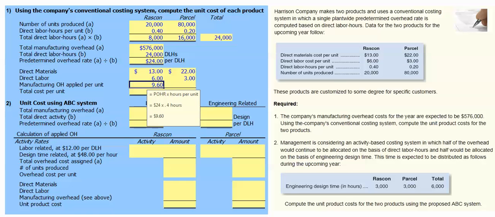The amount of predetermined overhead that we will allocate to the Rascon will be $9.60 per unit. That's our $24 predetermined overhead rate multiplied by the 0.4 direct labor hours. For the Parcel, we will allocate $4.80 in manufacturing overhead, which again is the same $24 per hour predetermined overhead rate, this time only multiplied by 0.2 direct labor hours.